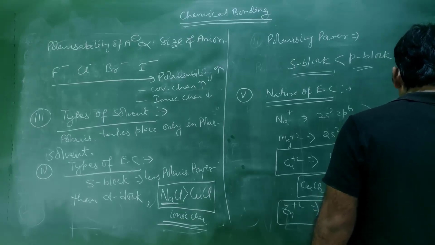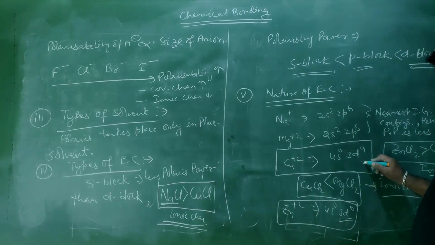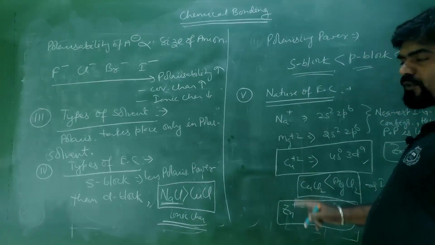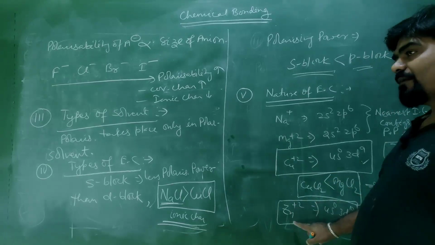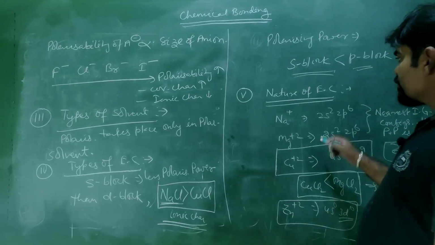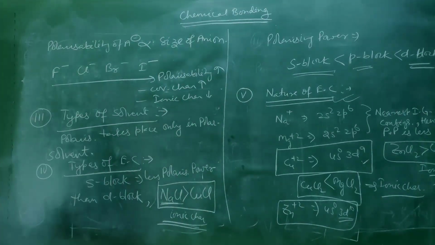Because the 3d10 configuration is stable as compared to 3d9, this will possess more ionic character and that will possess less ionic character. Zn2+ will have less polarizing power than Cu2+. So that is the nature of electronic configuration. It depends upon that also.